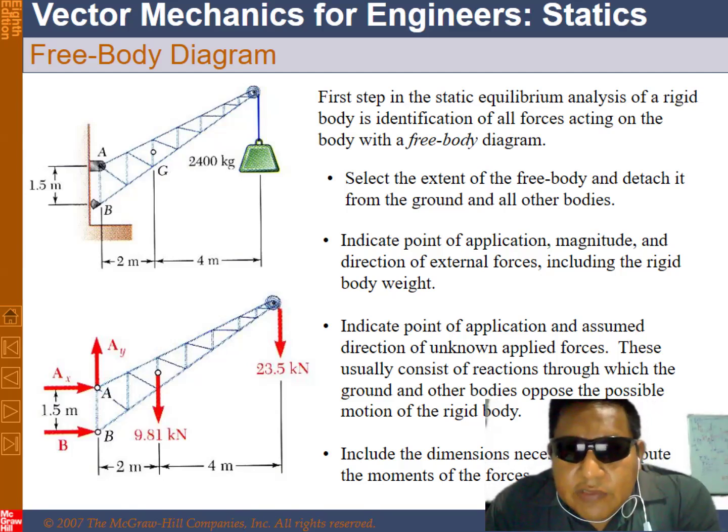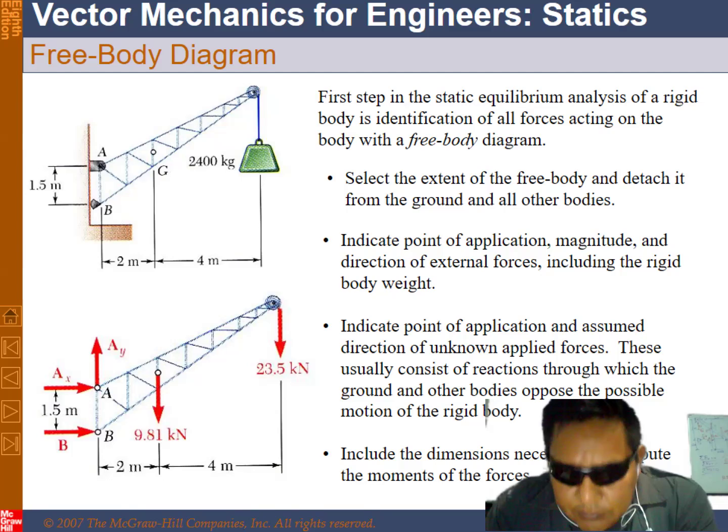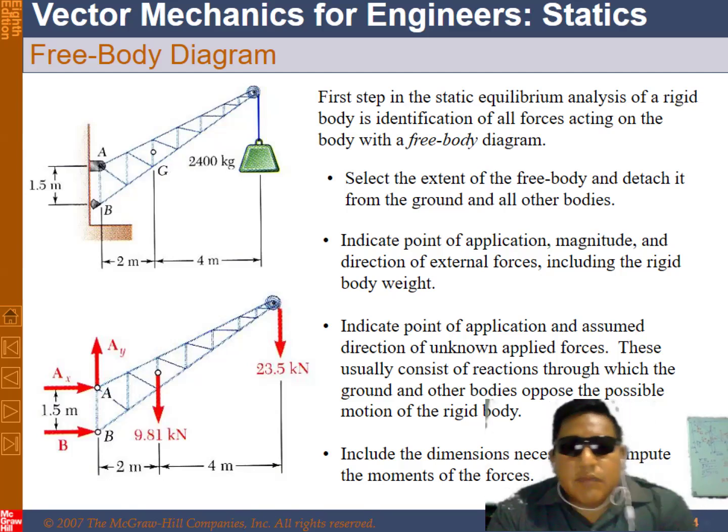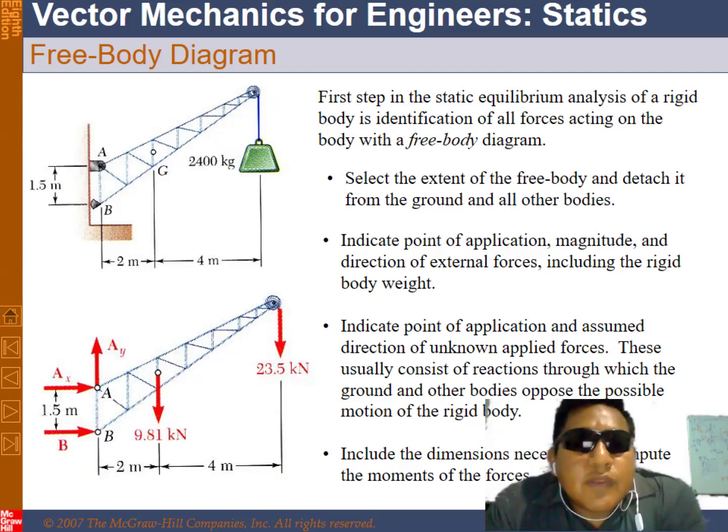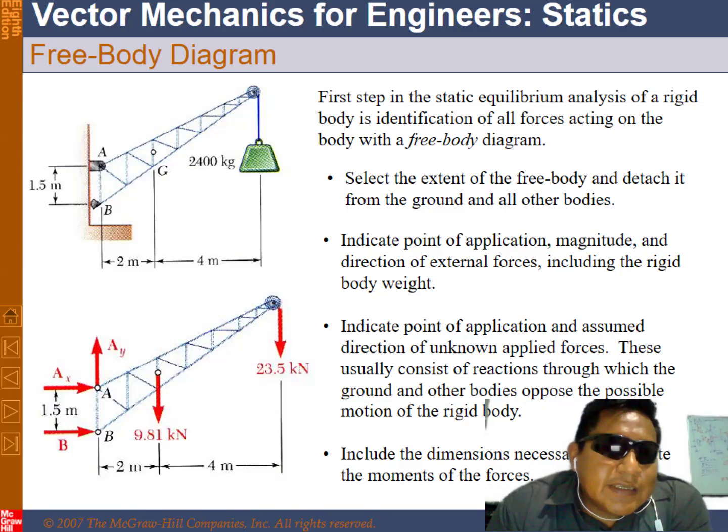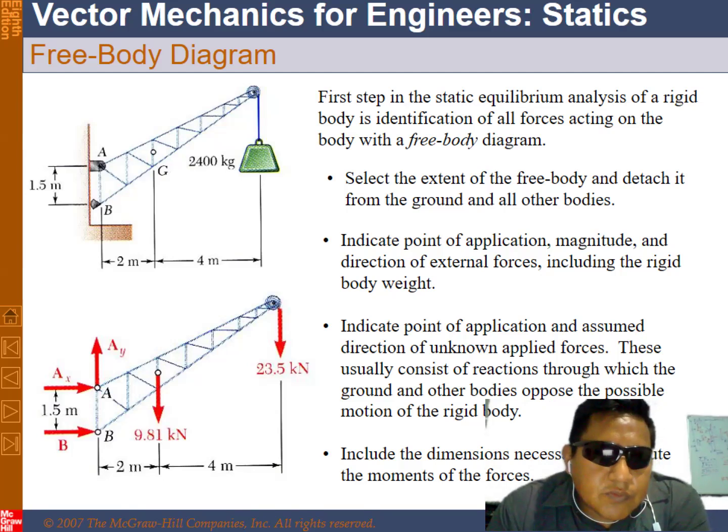Indicate the point of application and assumed direction of unknown applied forces. These usually consist of the reactions from the ground and other bodies opposing possible motion of the rigid body, including dimensions. You can see in the diagram, in the picture, a free body diagram.